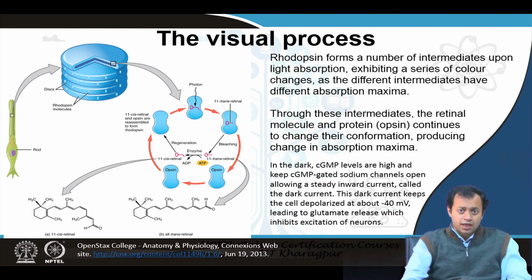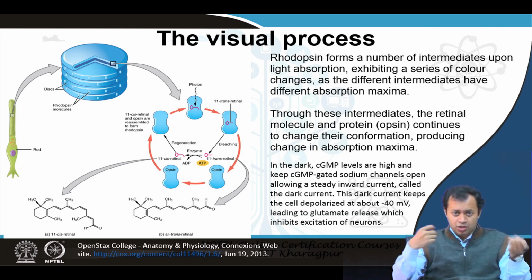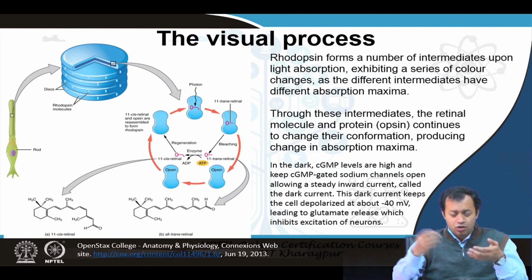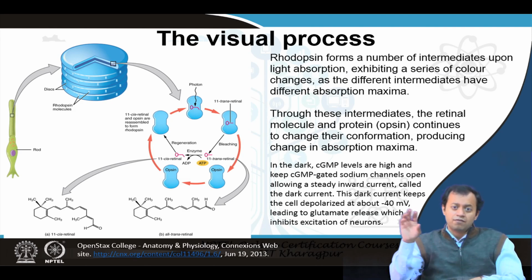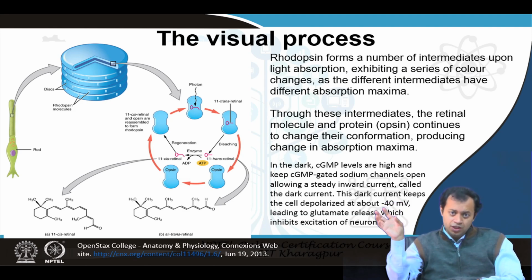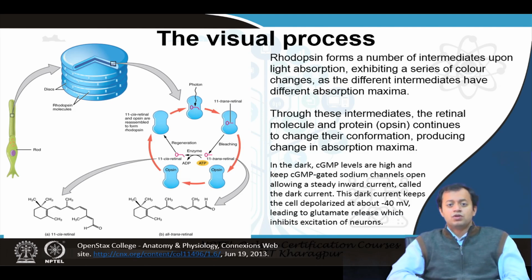Can you replicate it? Can you make an artificial eye? Think about it. You have an electronic circuit. It is changing its polarization. Because of the change in polarization, the potential difference changes. Because the potential difference changes, a different amount of current is passing through. Since a different amount of current is passing through, you get different information at the central processing unit, and the central processing unit is interpreting.